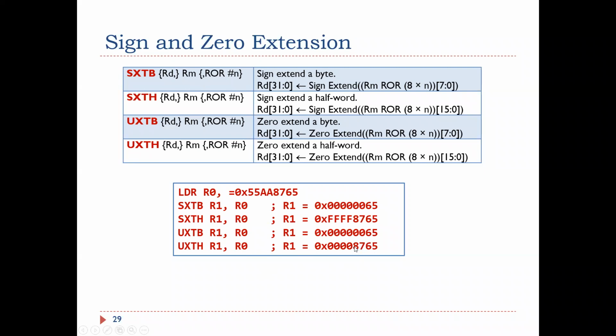Although the most significant bit is 1, you are not extending it because you are intentionally using unsigned half word extension. You assume that you would like to take this as a zero extended number, not the sign extended number.